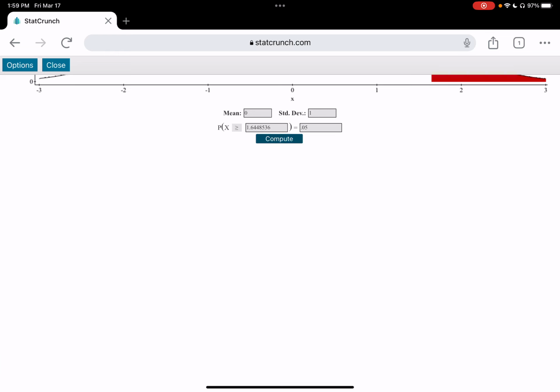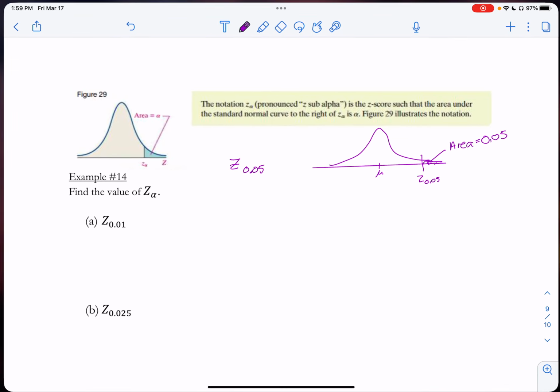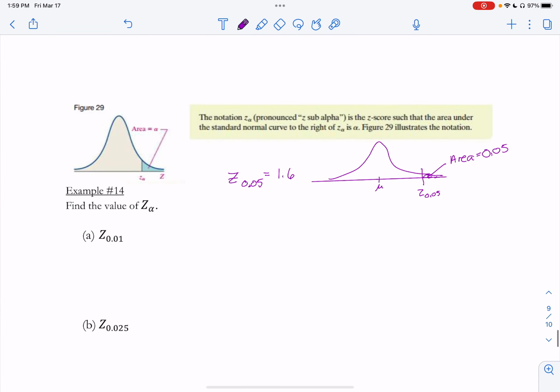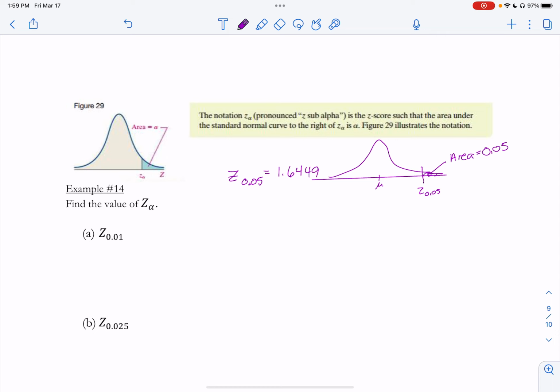I compute and I get a z-score of 1.6449. So that's equal to 1.6449. You can do A and B exactly the same way. You're just going to look for the area in the tail to be 0.01 with this one and 0.025 for the second one. All right, so it's not too bad.